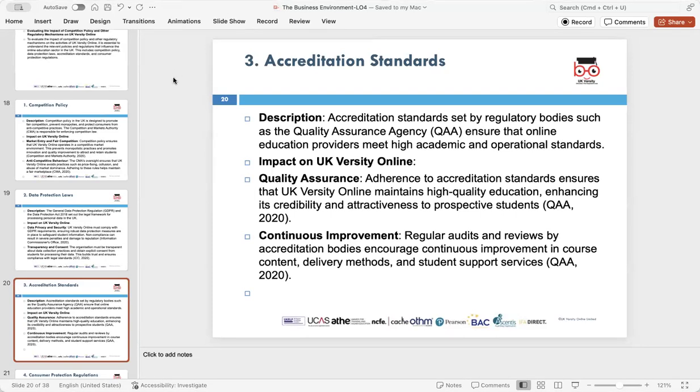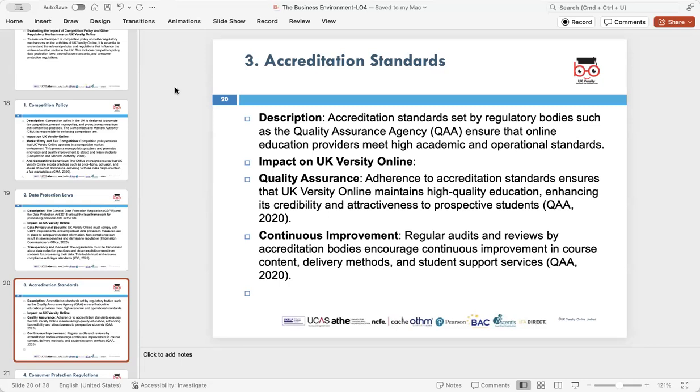Adherence to accreditation standards also promotes continuous improvement as institutions undergo regular audits and reviews to evaluate and enhance their educational offerings, delivery methods, and student support services.